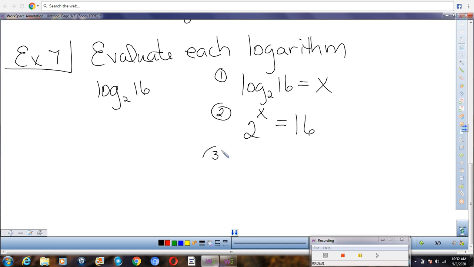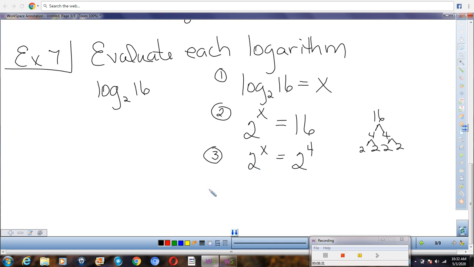Step 3, determine what base they both have in common. This side, you can't go any smaller than 2. 16 is 4 times 4, and 4 is 2 times 2, so we know that 16 can be written as 2 to the 4th power. So this side stays the same, 2 to the x. Over here we have 2 to the 4th power.